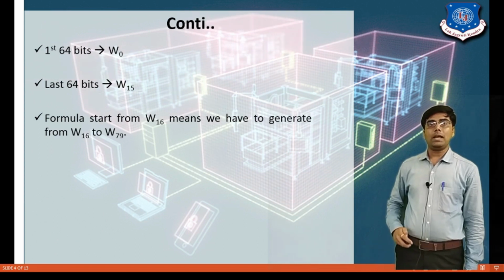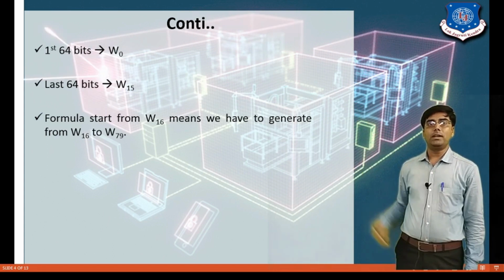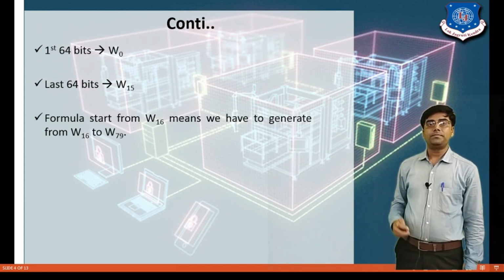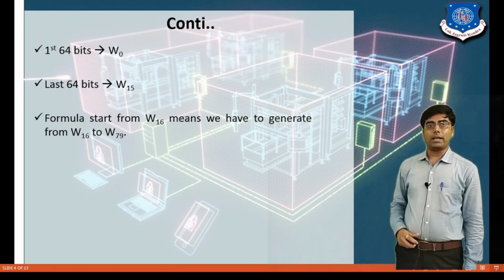So the formula starts from W16. It means we have to generate the words from W16 to W79. The words W0 to W15 we get from the plain text.